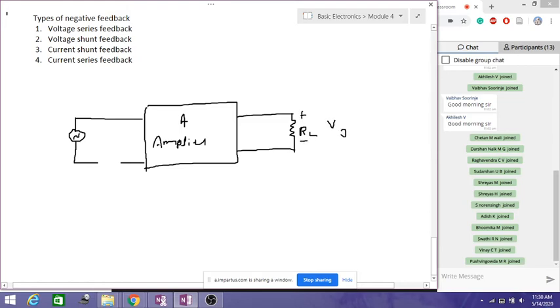This represents the V out, and now we have one more box here, that is beta, the feedback network.